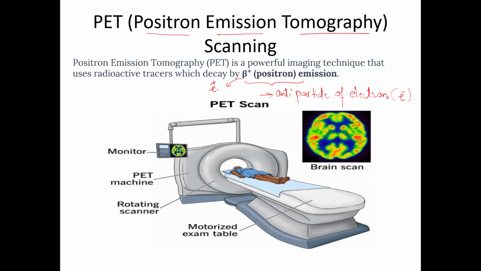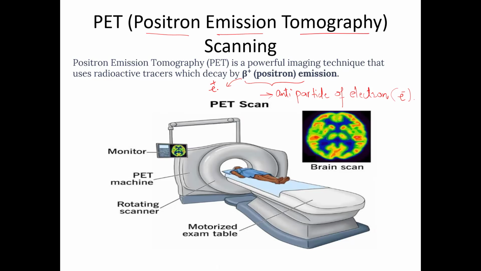This is the diagram being shown on the screen to you. Let's say if some PET scanning is to be done, a person is going to lie inside a PET machine, and there is one rotating scanner inside which the person is present.